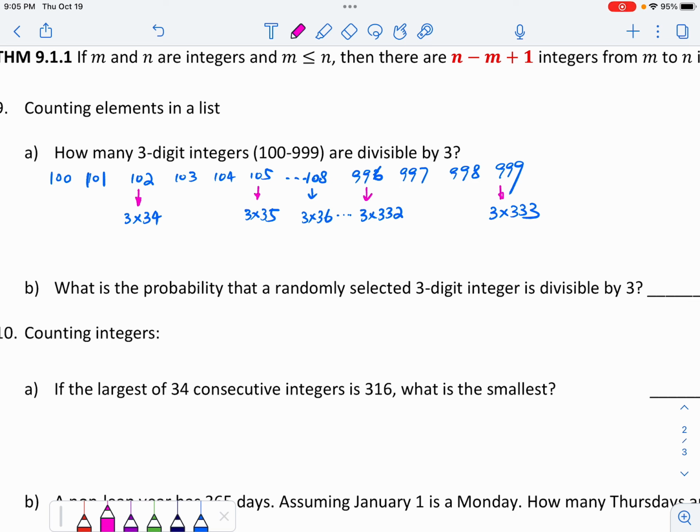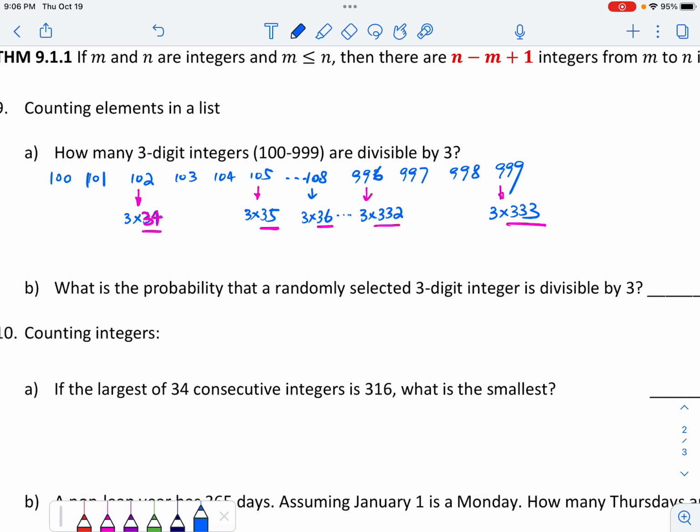Now, basically, how many are there? Do you see what this tells us? All these multiples of 3 are 3 times 34, 35, 36, and so on. The last one is 333. So how many integers are from 34 to 333? That will be the count of 3-digit integers that are divisible by 3.